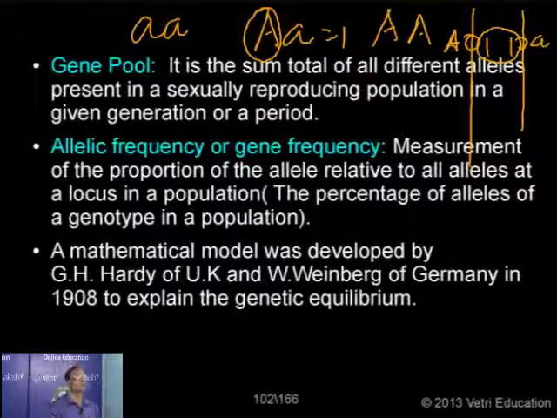This is what is called allelic frequency or gene frequency. At a locus we may have capital A and small a, but in the case of multiple alleles in different organisms we have A, small a, A1, A2, A3.